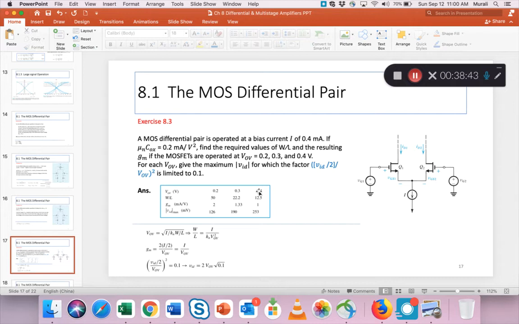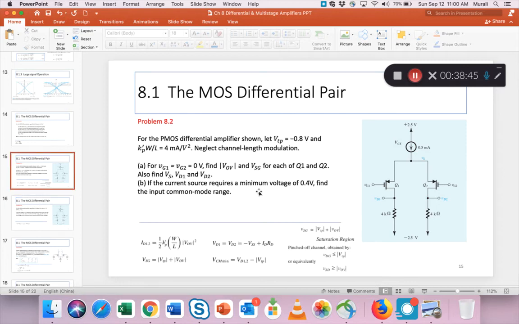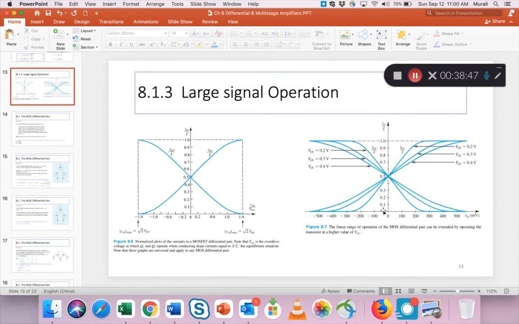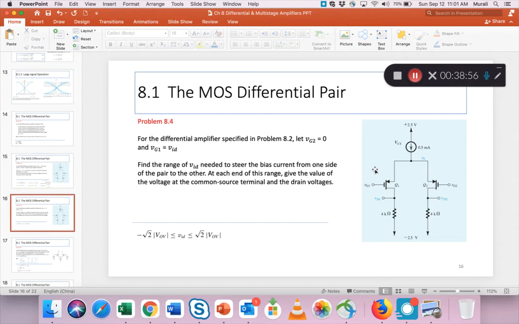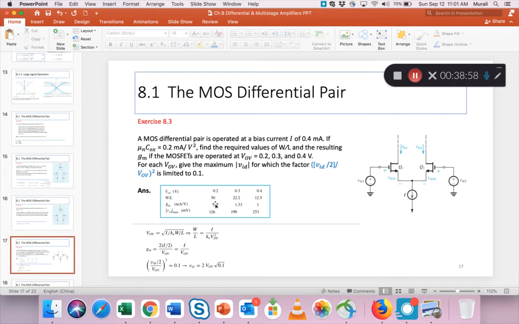So basically this has to do with these graphs. As you grow higher with the overdrive voltage, you can increase the magnitude or the amplitude of the signal that you apply on the input. Okay.